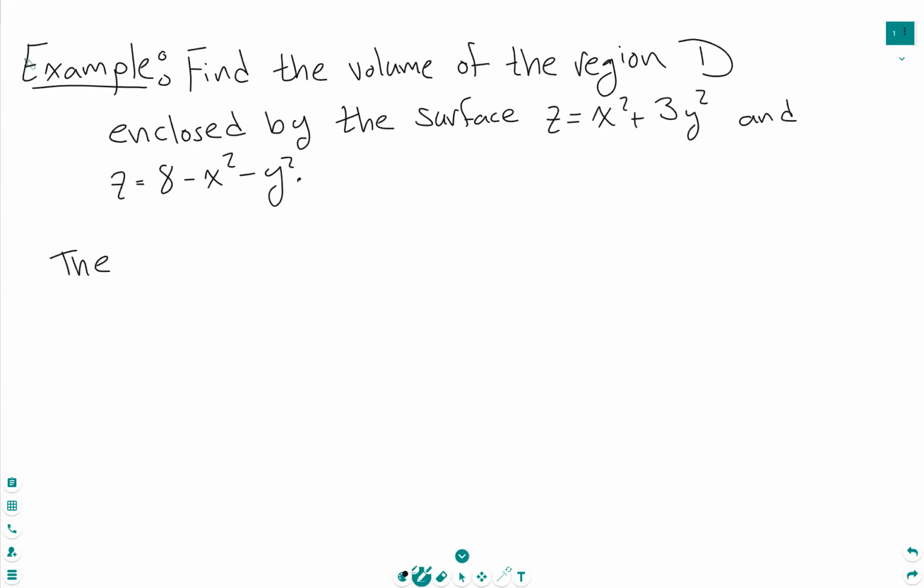We can recall that the volume of an object is just the triple integral of 1 dV, where D is the region where the object is located. So we can use a triple integral with an integrand of 1 to calculate this volume.